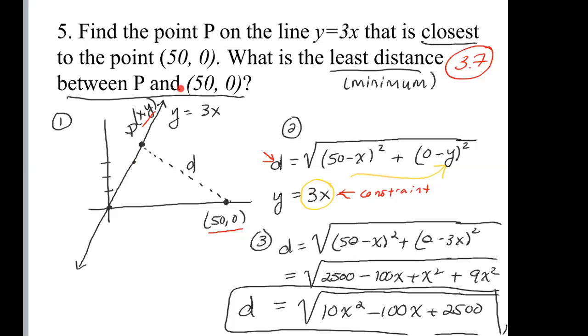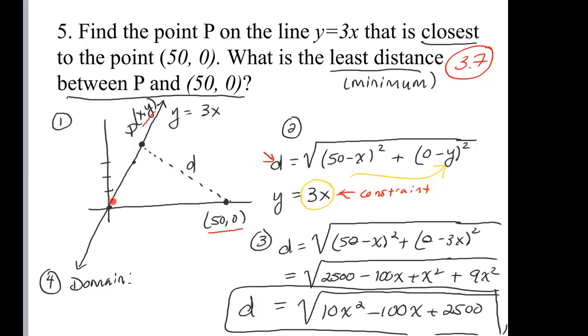Now that I have that, let's figure out first of all, what is the domain of that equation? Are there any restrictions on the coordinate of point P? That's what I need to ask myself.